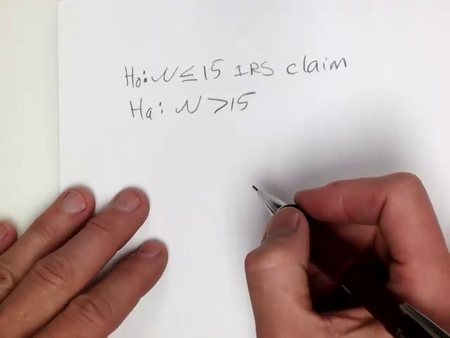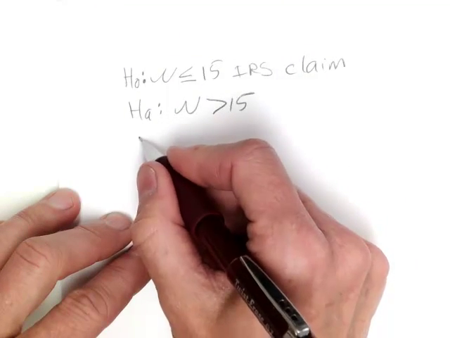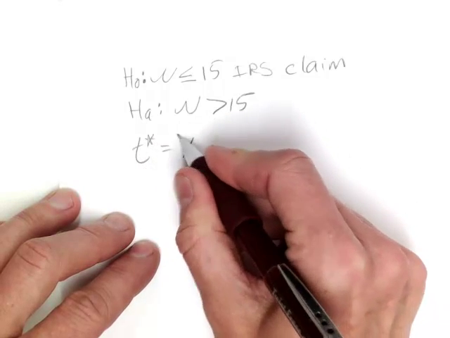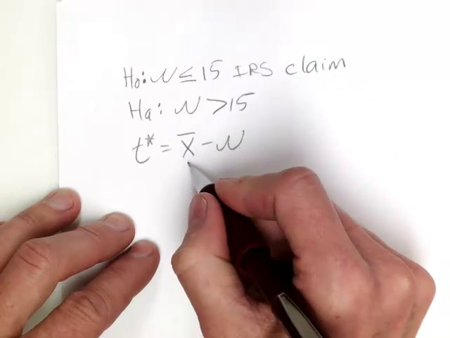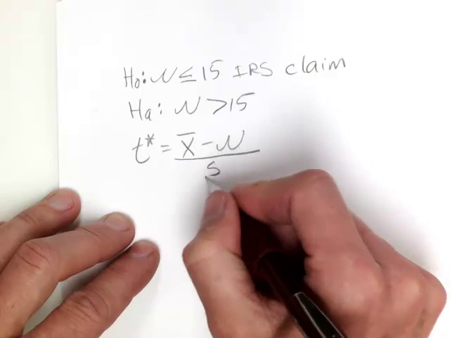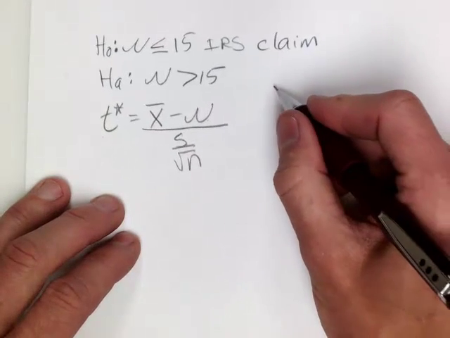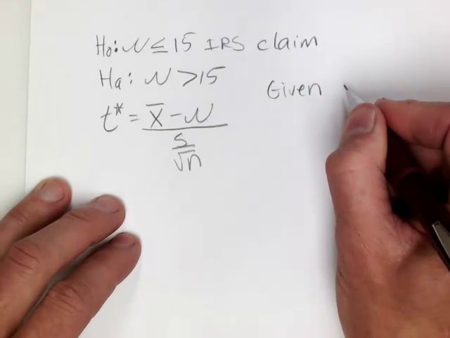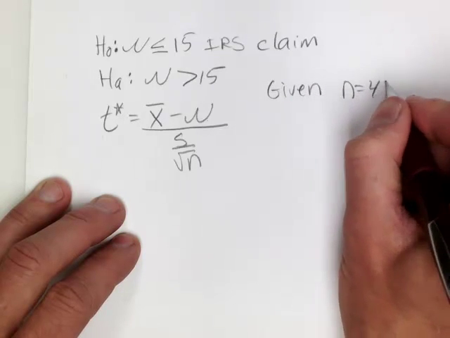Now let's go ahead and find the standardized test statistic. It follows the t-distribution, and it's equal to x bar minus mu, the hypothesized mean, over s over the square root of n. In the problem, we're given that our sample size n is 40.